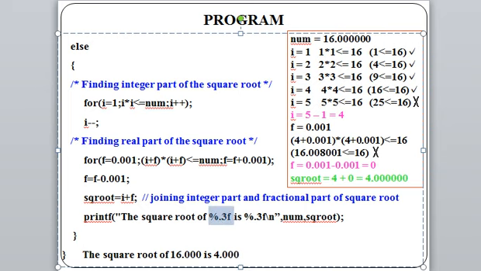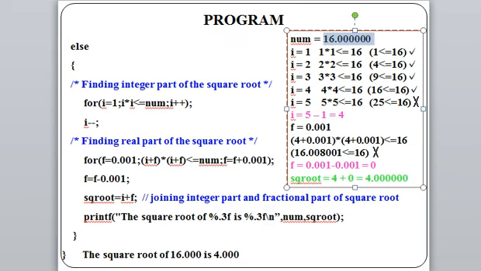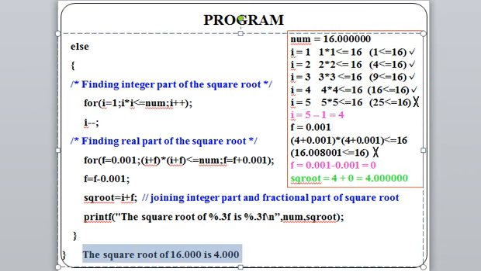Percentage 0.3f is to consider num, and percentage 0.3f to consider sqrt, and backslash n to have the cursor on the new line. So in both cases you can observe that 16 with 6 zeros and 4 with 6 zeros, where in both cases 3 zeros are truncated, and it will show you the answer in this fashion. It is the square root of 16.000 is 4.000.